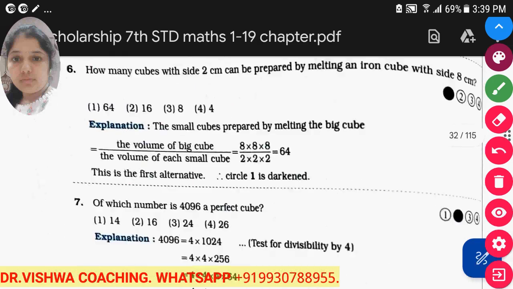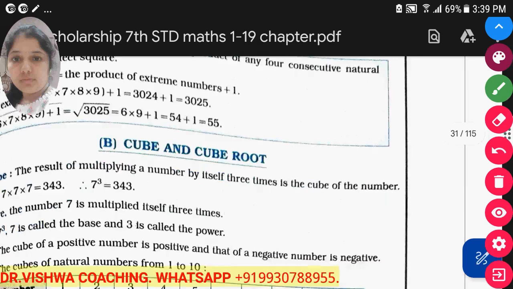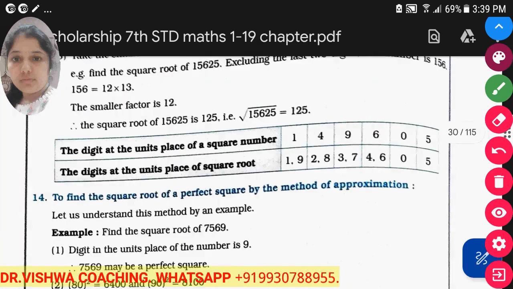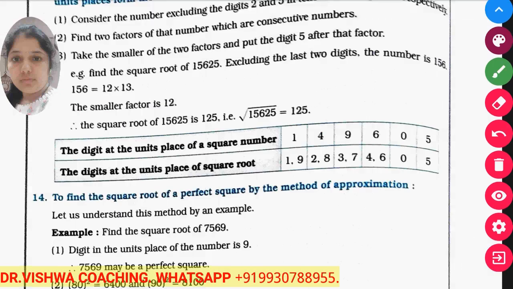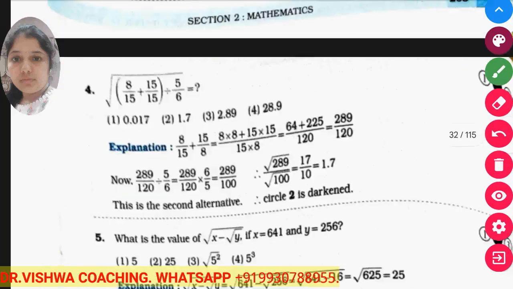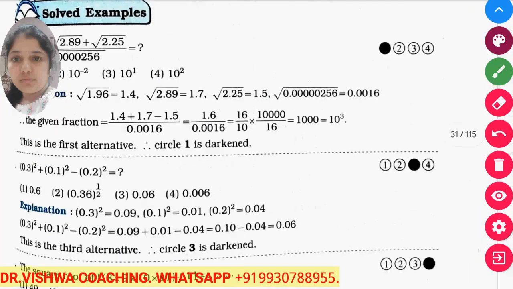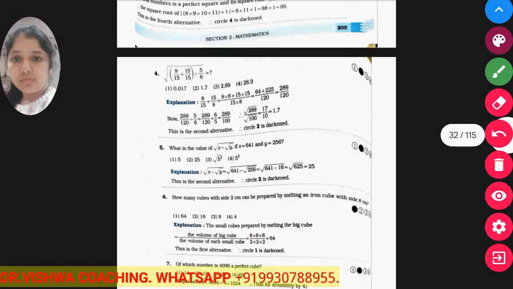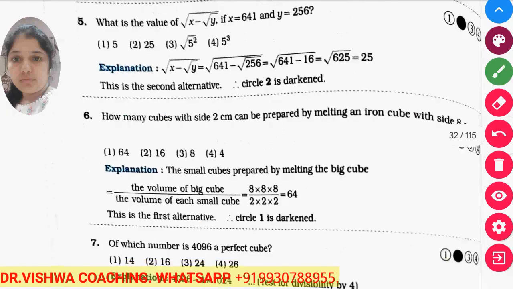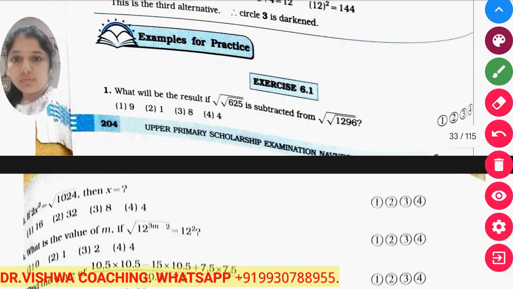Okay, so 6 is at the unit place. So which number has 6 at the unit place? 4 has 6 at the unit place and 6 has 6 at the unit place. If 6 is at the unit place, either 4 can be at the unit place or 6 can be at the unit place. So it may be the square root of 34 or 36. Okay, but now 34 or 36, how will you find?